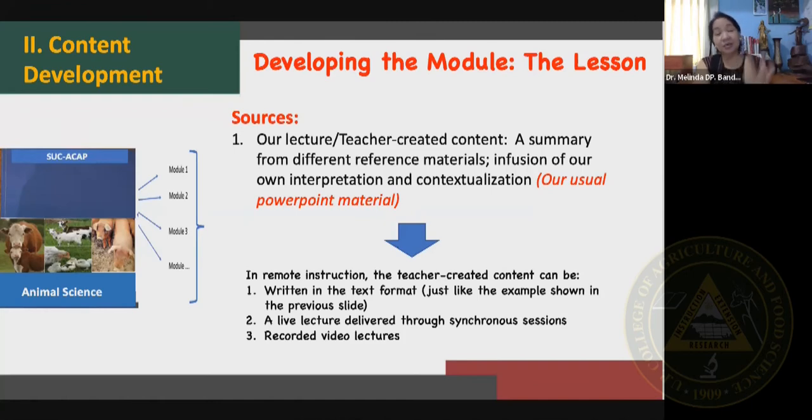We can record our lectures and provide them to our students, especially if our students are challenged by their internet connectivity. Kung medyo mahirap silang mag-connect or nahihirapan silang mag-attend doon sa mga synchronous sessions natin, then we can also record our video and provide the recorded materials to them.